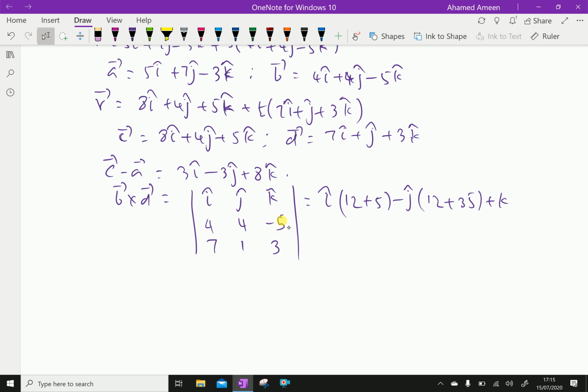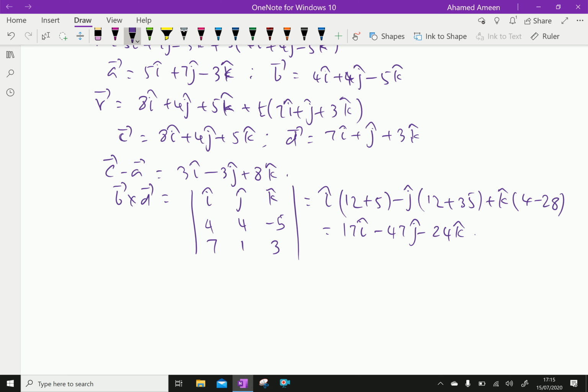Then k: 4 ones are 4 and 7 fours are 28, so minus 24k. So B cross D is 17i minus 47j minus 24k.